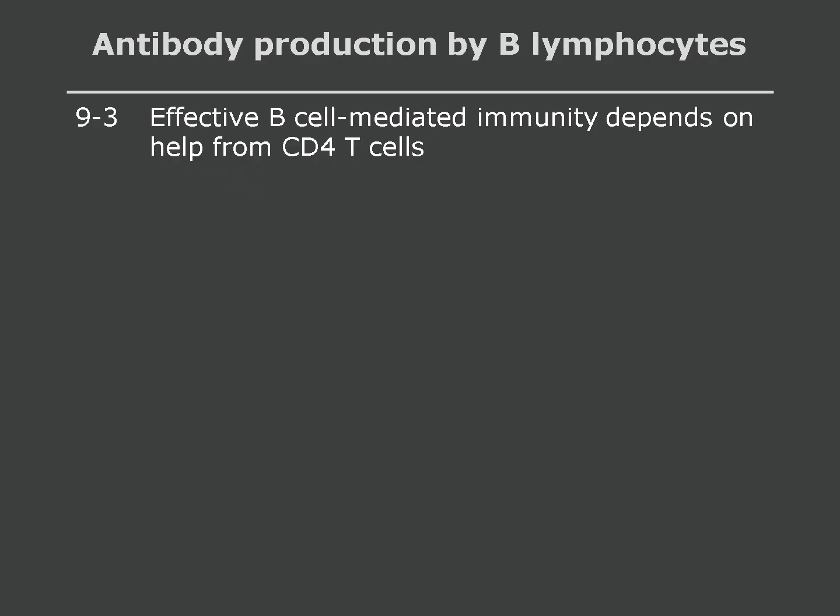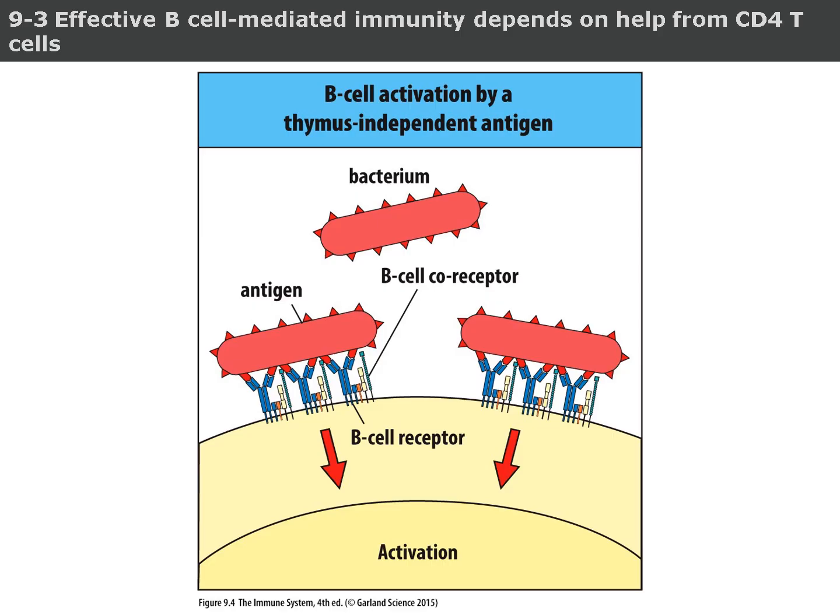Effective B cell-mediated immunity depends on help from CD4 T cells. While most effective B cell responses rely on help from CD4 T cells, some antigens can activate B cells independently. This process is called B cell activation by a thymus-independent antigen. In this example, a bacterial surface is densely coated with repetitive antigenic epitopes.